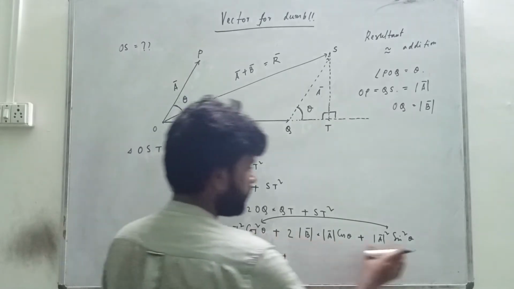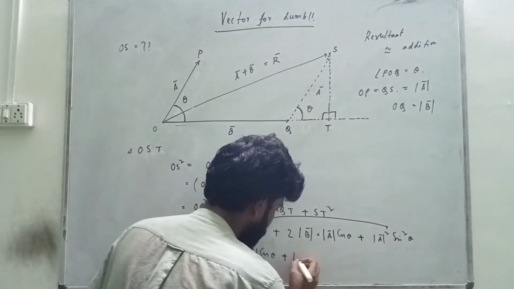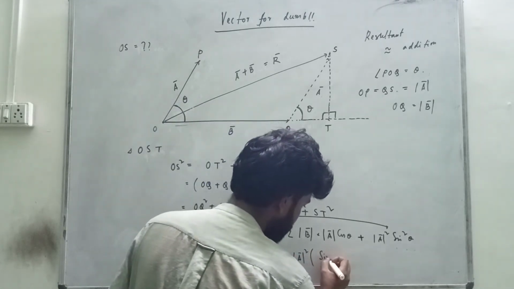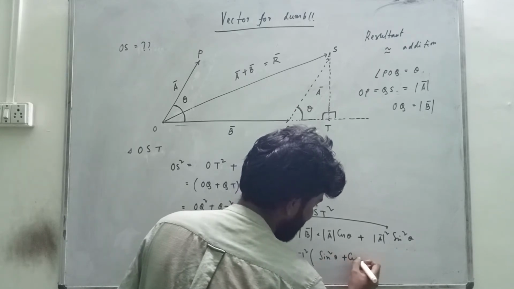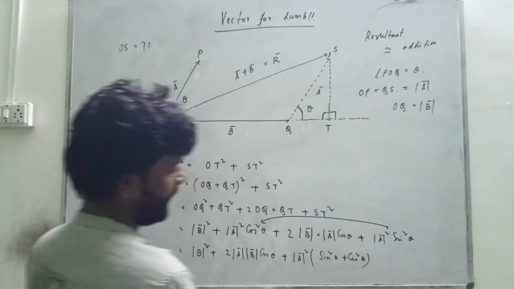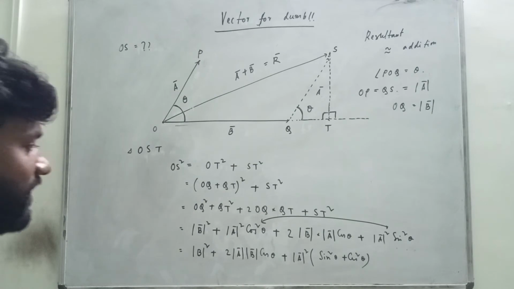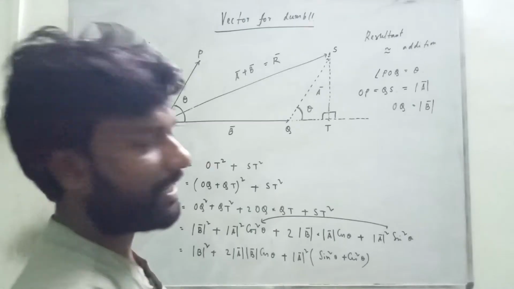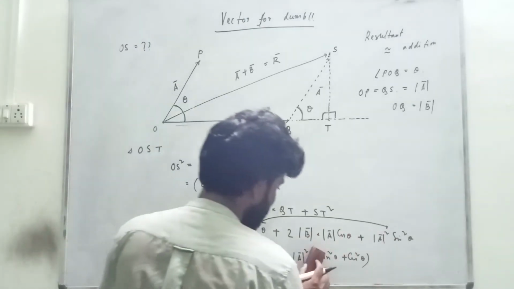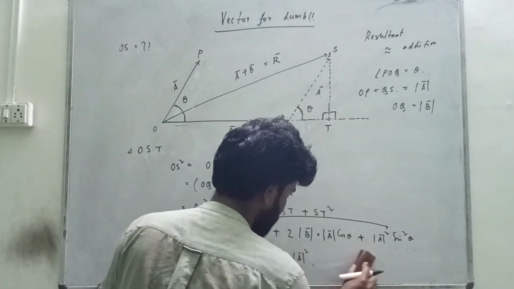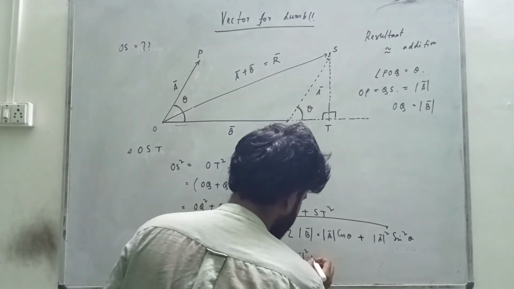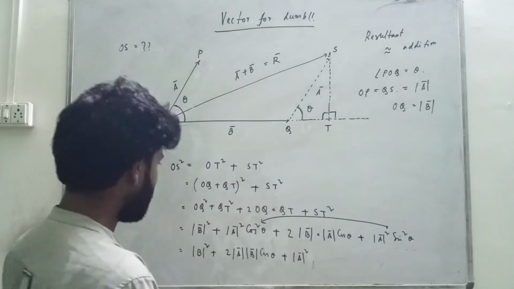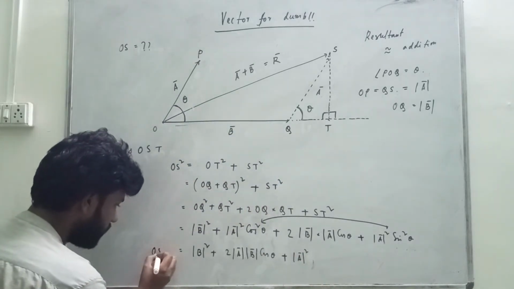And from these two terms, just take mod A squared common. So what will be there? Sin squared theta plus cos squared theta. And all of you know from your trigonometry classes, it is actually 1. Sin squared theta plus cos squared theta is 1. And something multiplied by 1 is just something. So it is actually OS squared.